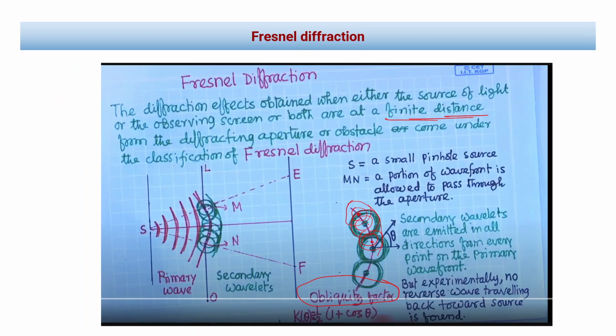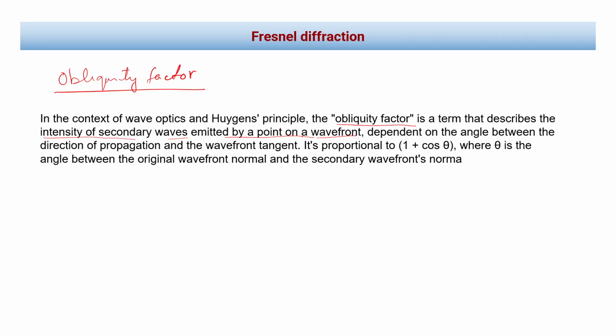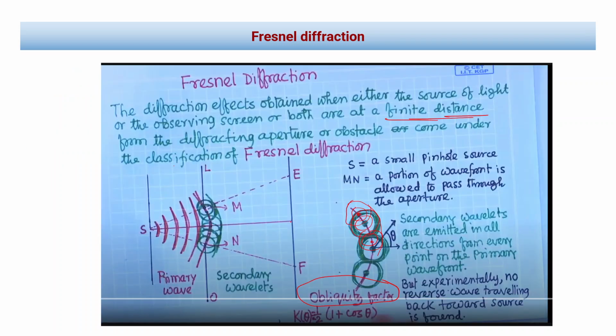These secondary waves are emitted from a point on the primary wavefront, and their intensity depends on the angle theta between the direction of propagation and the wavefront tangent. So this is the direction of propagation and the tangent, like at this point the tangent is this, at this point the tangent is this.